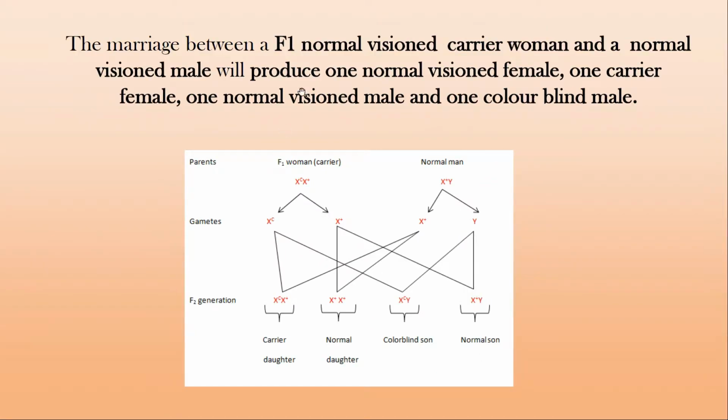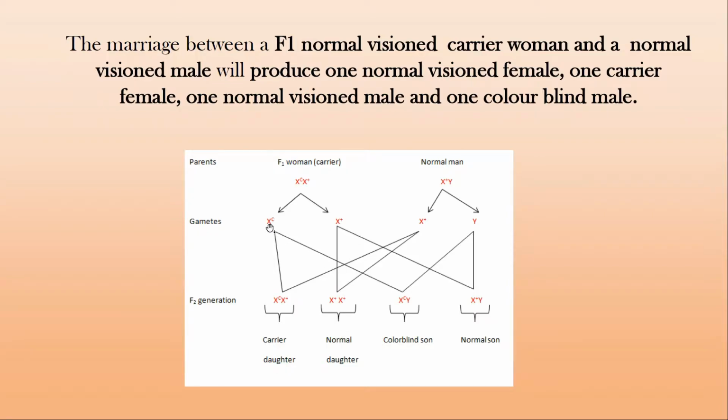Now consider the marriage between an F1 carrier daughter and a normal visioned man. The gametes are Xc and X plus from her, and X plus and Y from him. When the egg is fertilized by the X chromosome, the individual produced will be a carrier daughter.